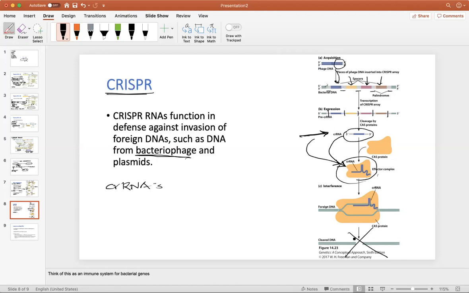We can target the DNA of interest, cut it apart, and insert extra DNA in there, or repair faulty DNA. So we can take advantage of this system to do some gene editing and gene therapy. And that's why you're hearing a lot about CRISPR right now. That's exactly the area of research that people are engaging in, is how to use CRISPR RNAs and CRISPR-associated proteins to edit DNA.